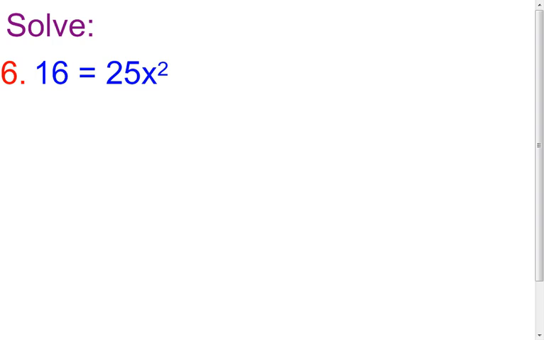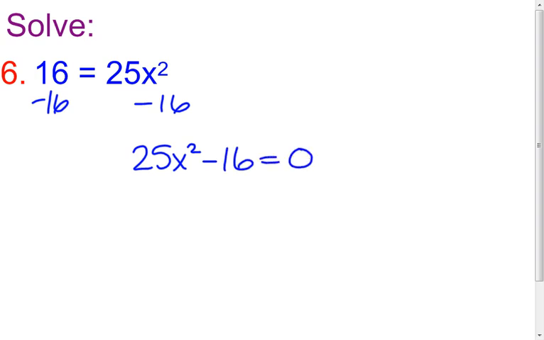Alright, and then this last one here, notice it is not set equal to 0, so you do want it set equal to 0 first, so I will subtract 16, which gives me this. Okay, and again, you don't need to, but you can think of that as 25x squared plus 0x minus 16.